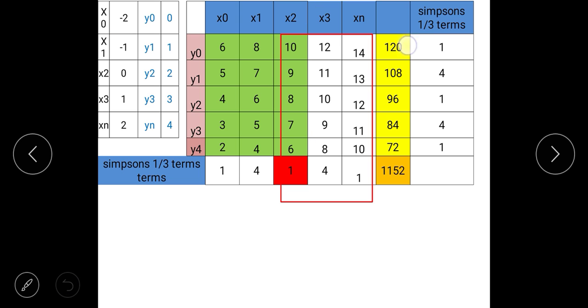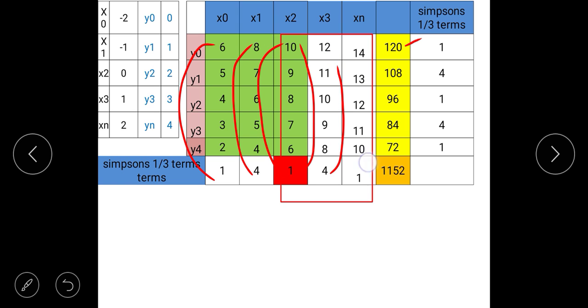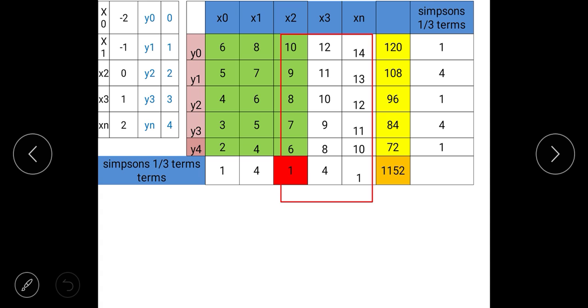Now how will you get 120? It's very simple, like previous. 1 into 6 plus 4 into 8 plus 1 into 10. That's only for one strip. Again for the second strip, 1 into 10 plus 4 into 12 plus 1 into 14. You will get 120. If you want to use another procedure, you can use y0 plus yn.